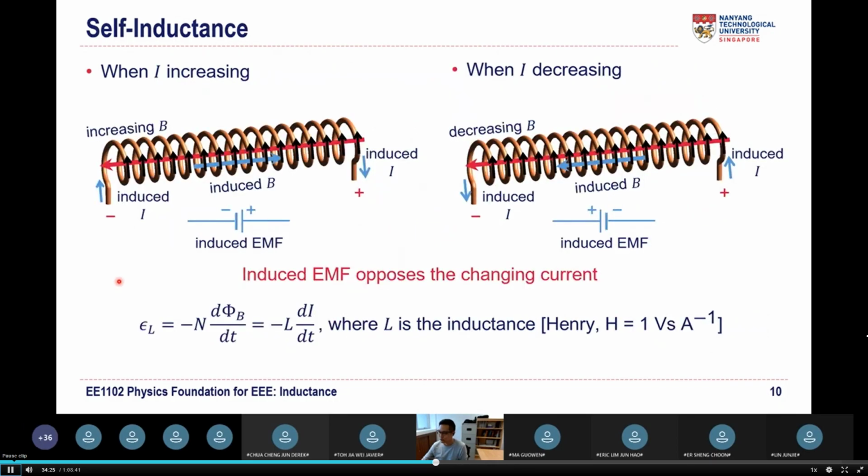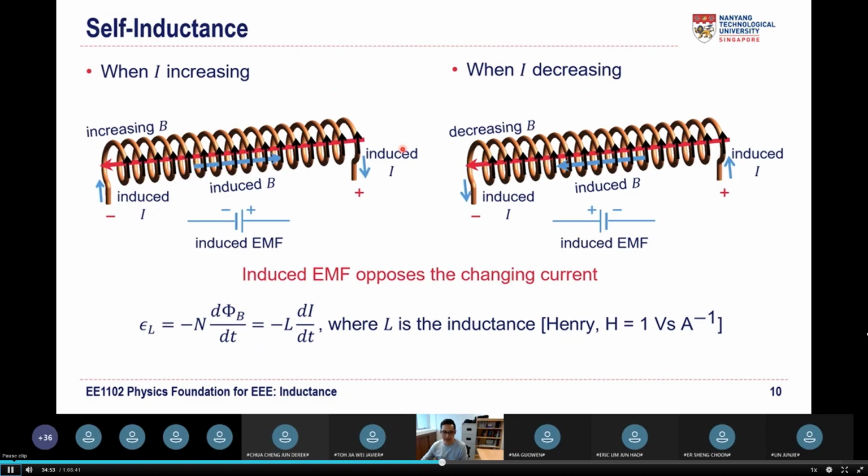So let's look at this coil example. Now, current is flowing in the black arrow direction. So if the current is flowing in this black arrow direction, in which direction would we have the magnetic field?